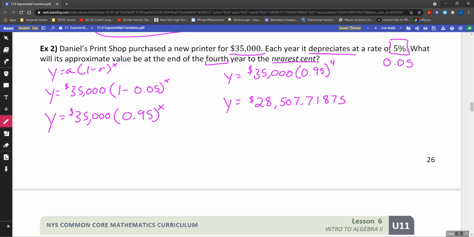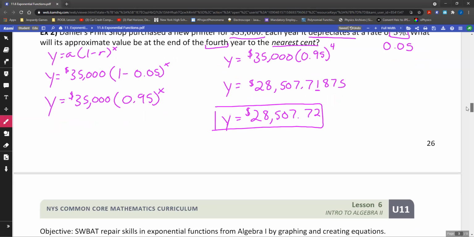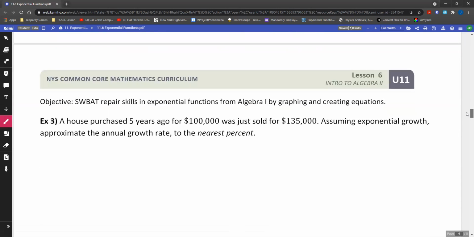It needs to be rounded to the nearest cent, which is right here. So this becomes that, because the 8 to the right of it makes the 1 become a 2. So this is my final answer, $28,507.72.